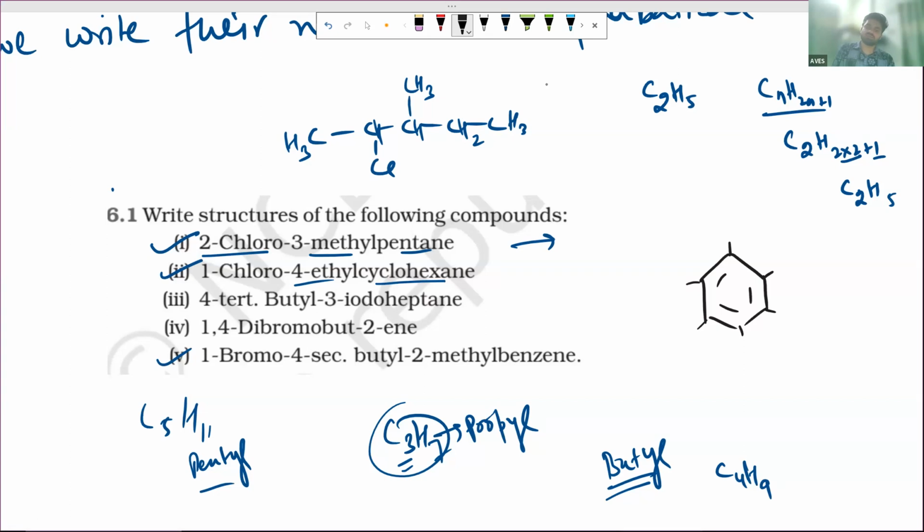This is the 6th position, this is the 5th, this is 4th, this is 3, this is 2, and this is 1. I'm just writing it far away. At the second position we have a methyl group. You know the methyl group is CH3. Got it?